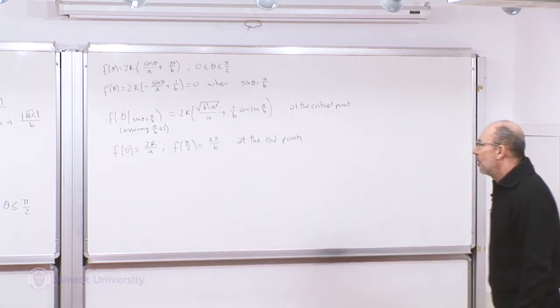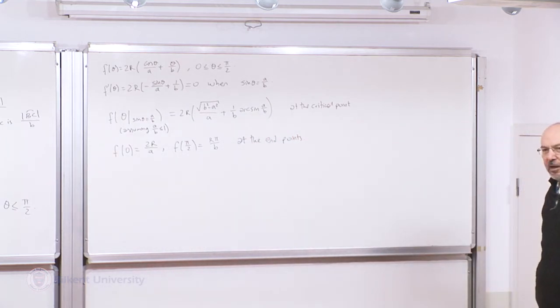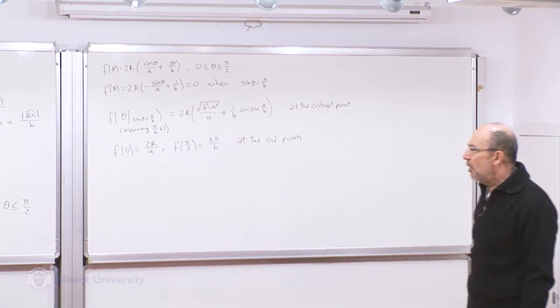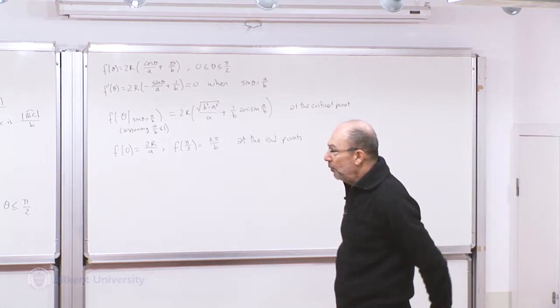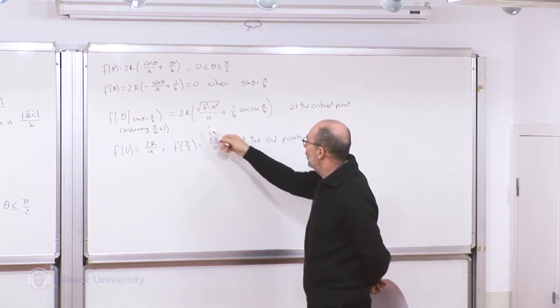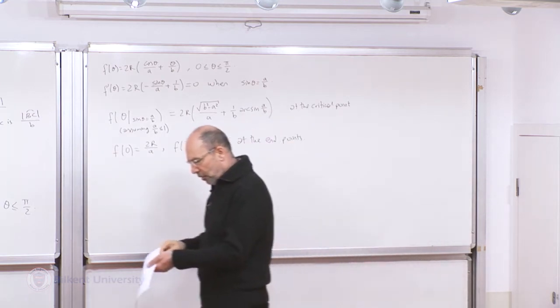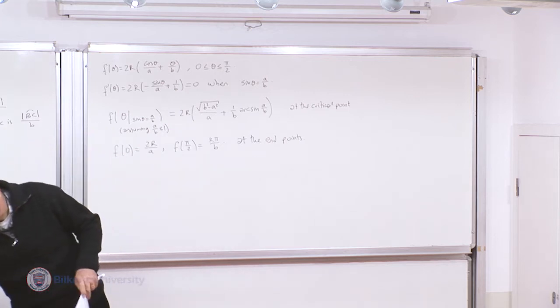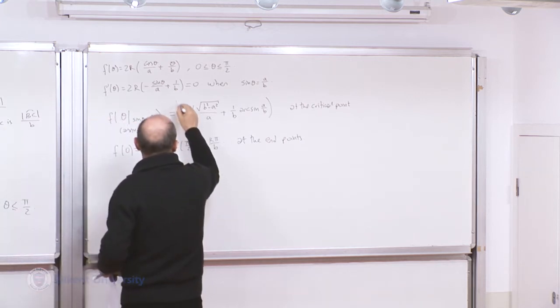Okay, so you have these numbers, you have solved the problem. Now, given the numbers, if A, B and r are given, those are the only parameters here. So you look at these three numbers.